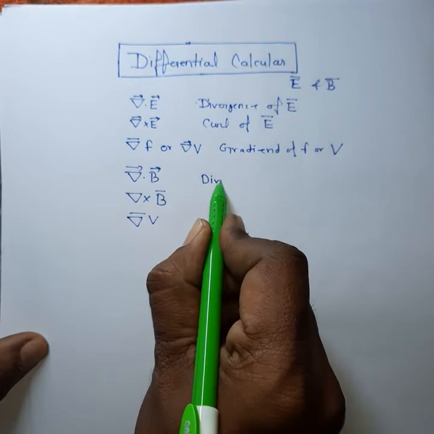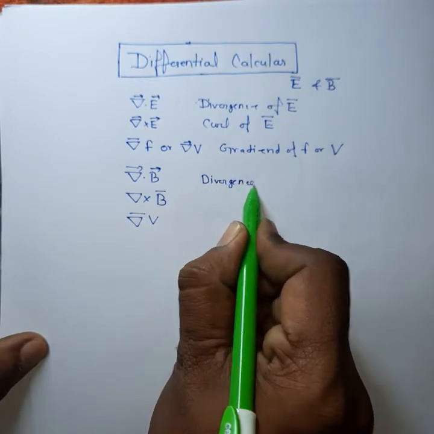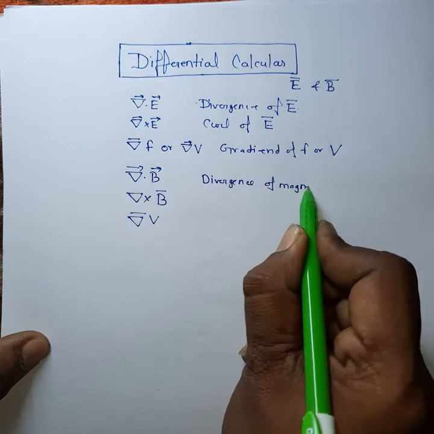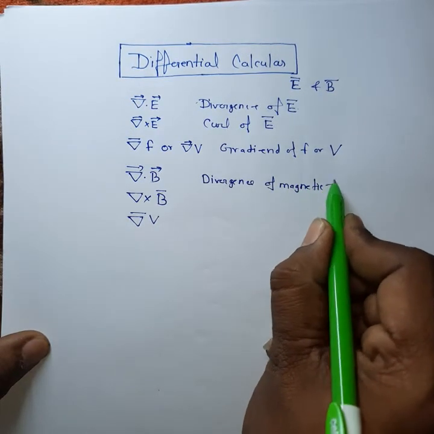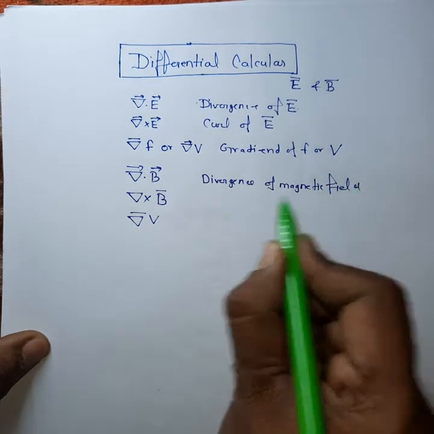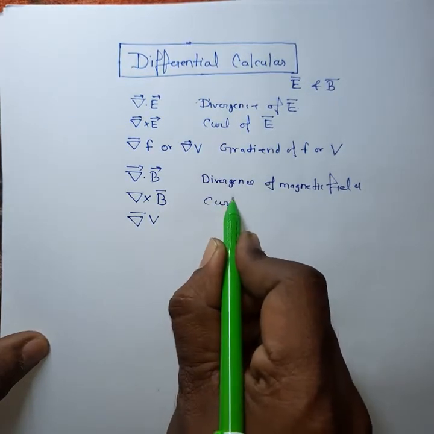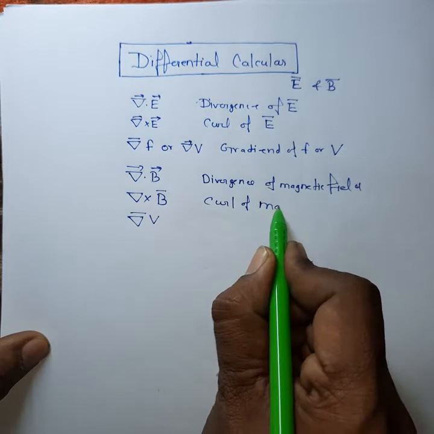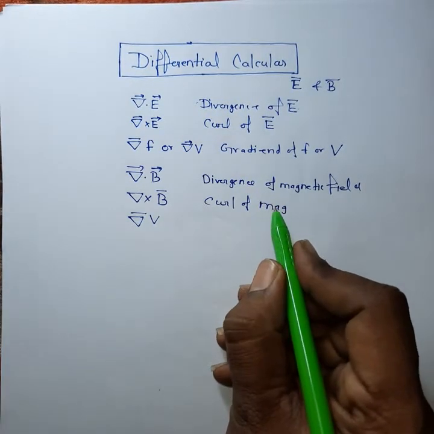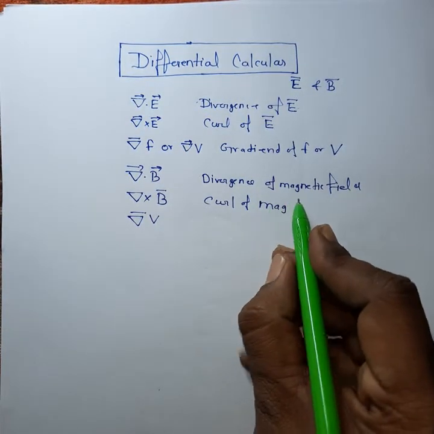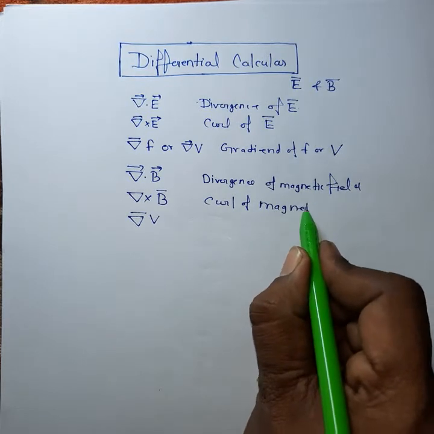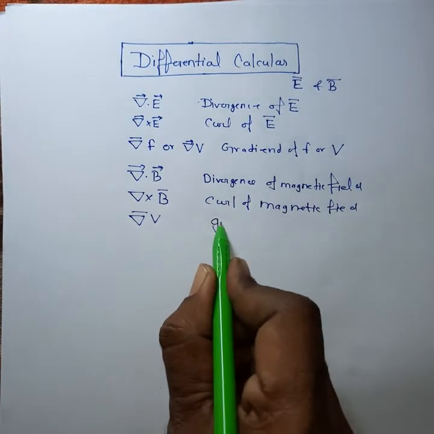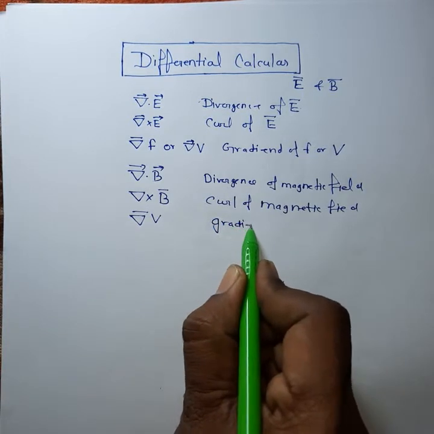This is called divergence of magnetic field, this is curl of magnetic field, and this is gradient of potential.